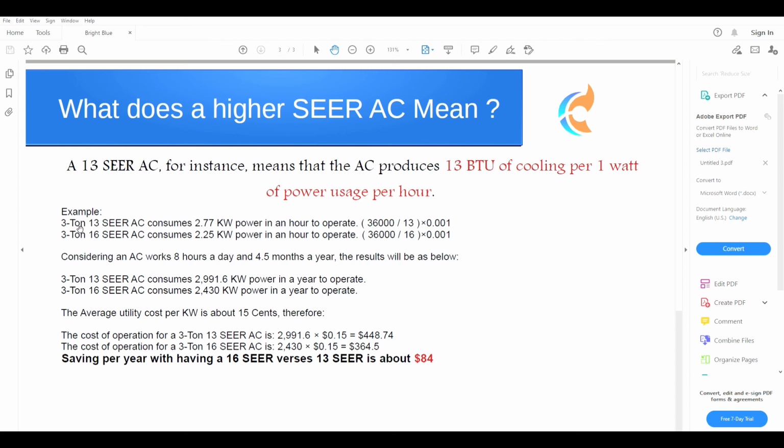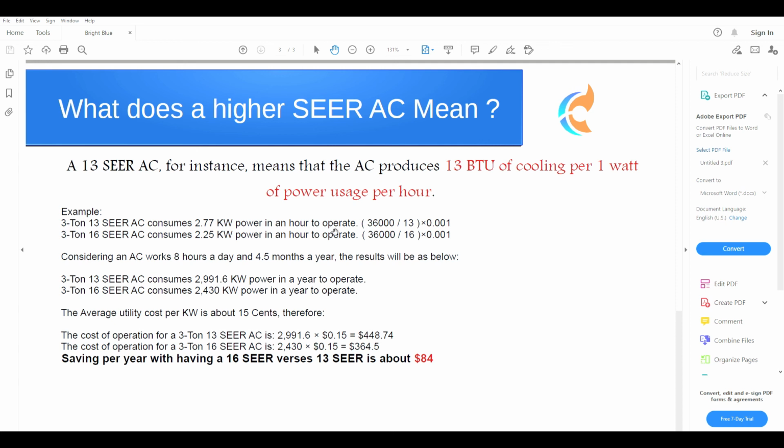Example, we have a 3-ton 13 SEER AC. It consumes 2.77 kilowatts of power in 1 hour to operate. So that's how it's been calculated. A 3-ton air conditioner is 36,000 BTU, since each ton equals 12,000 BTU.